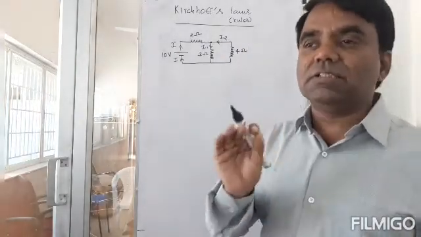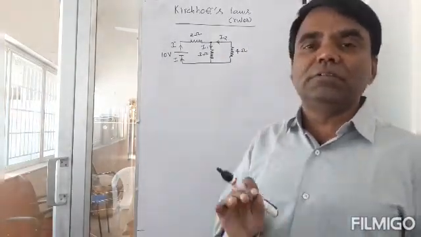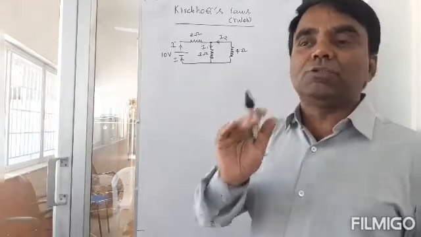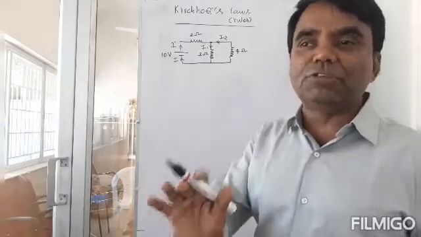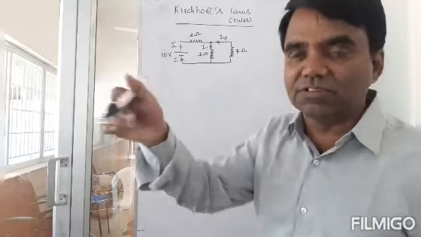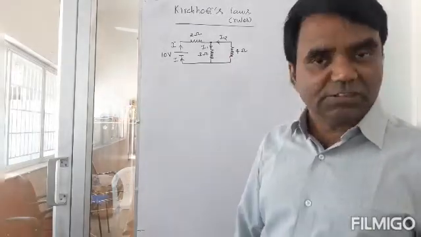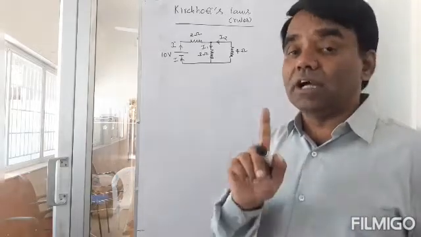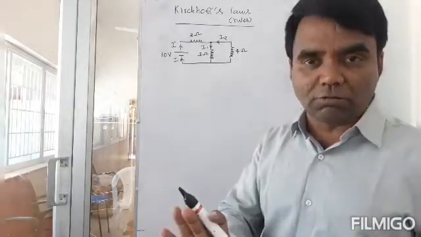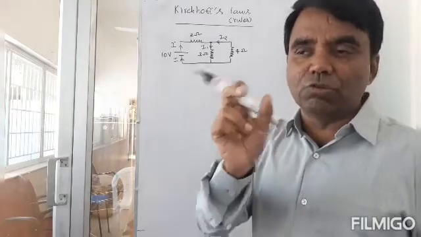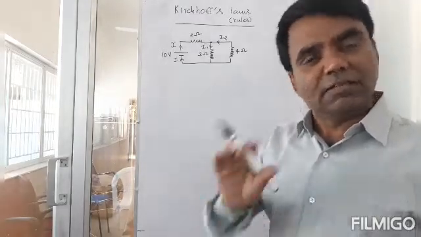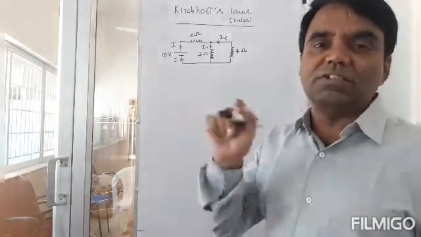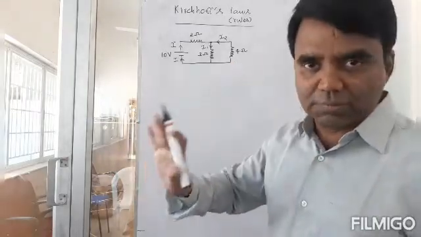When you get a negative number, you don't have to change the magnitude. The magnitude of the current is the same, only the direction of the current will have to be changed. If you get a negative number, it means that you have got the direction wrong, not the amount of current wrong. So you don't have to worry about it at all.